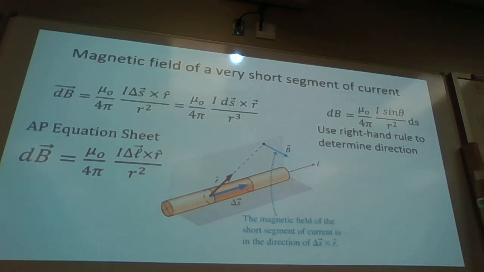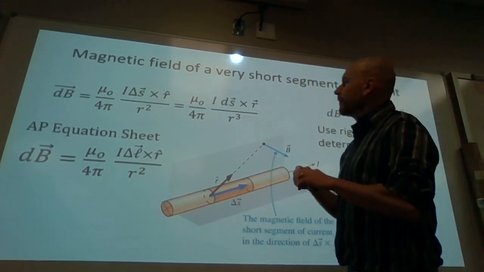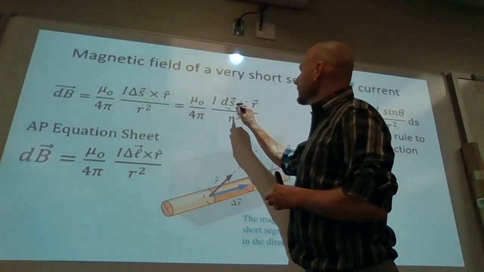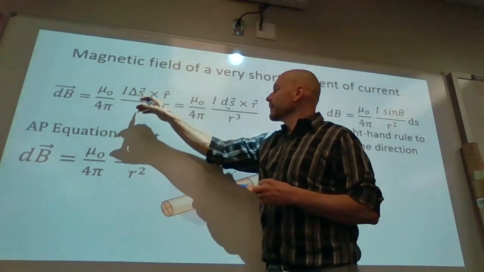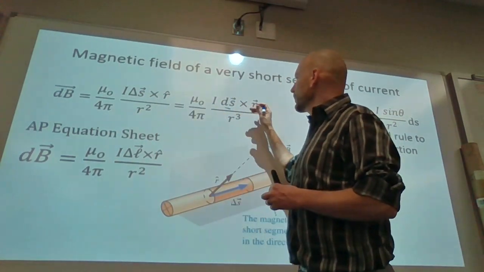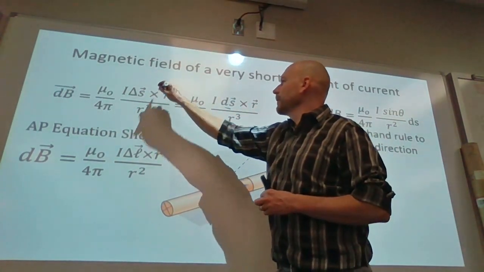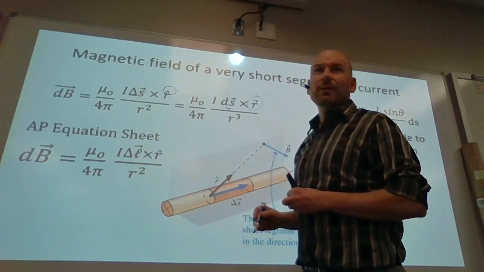Okay, Daniel. What's the difference between the sine theta and the dS? Why is it causing an arc? Good question. That's not causing it. So the dS, we're just getting a really small piece of this. The difference between this equation and this is the unit vector, and this is the actual vector.